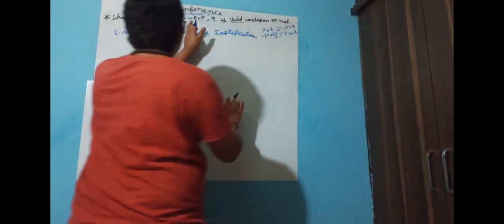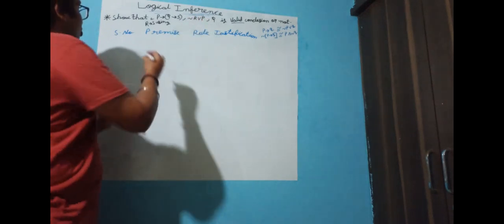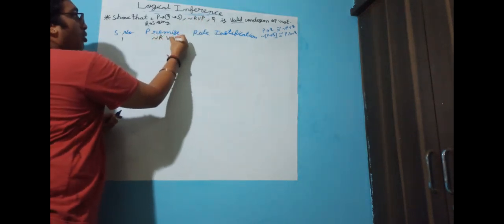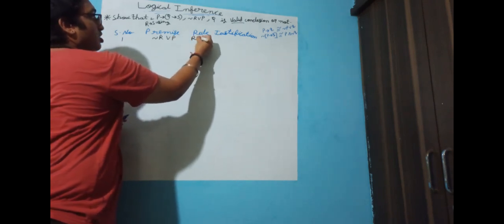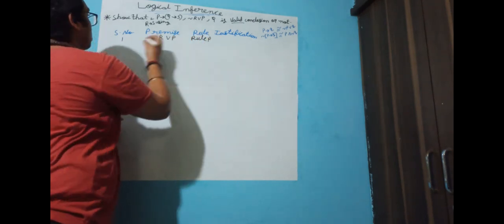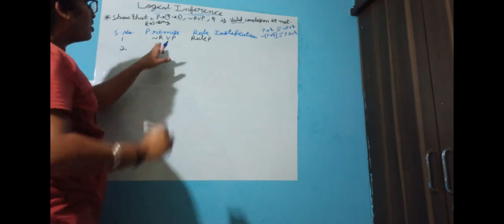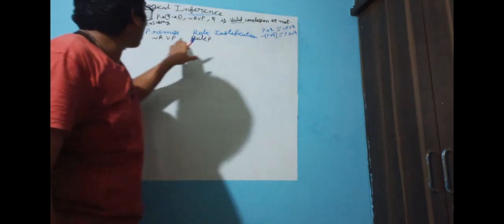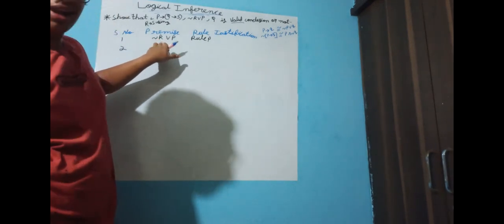Now first I am going to introduce negation R or P. Negation R or P, since this is rule P. And at the second step, it is similar to which one? By law of implication, negation P or Q form, right? So what can we write this one as?